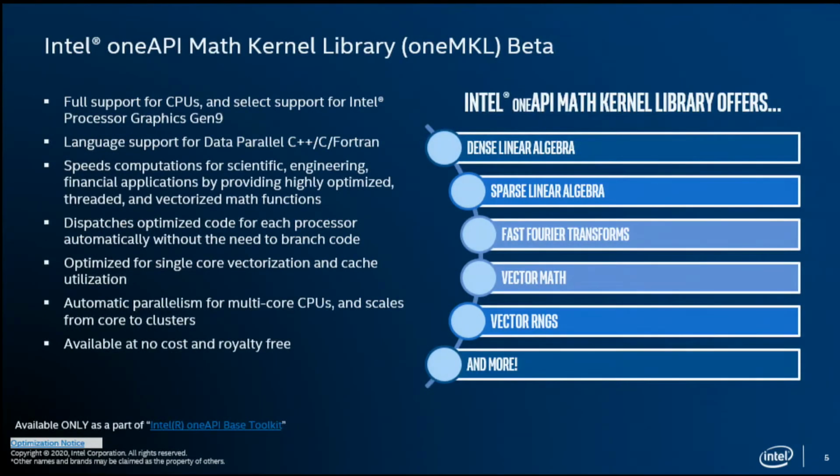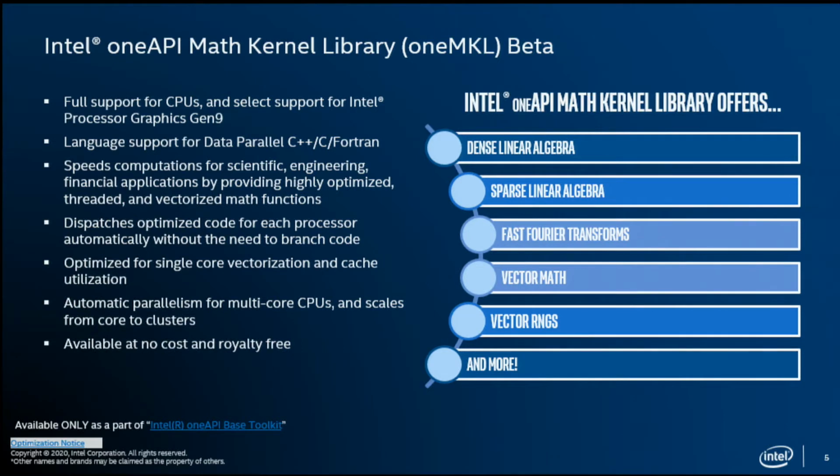Looking at one of the libraries in particular, the Intel oneAPI Math Kernel Library is available in beta form. If you're familiar with the Intel Math Kernel Library, today you'll know it has C and Fortran APIs for a variety of domains, including dense and sparse linear algebra, fast Fourier transforms, vector math, vector RNGs, and more.